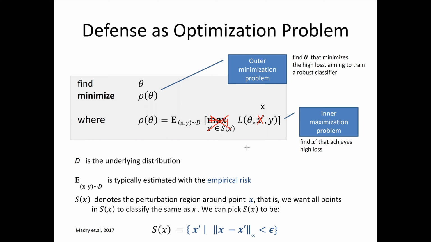Then what am I going to end up with? I essentially have the expectation of the loss function, right here. So I just end up with standard training, pretty much the standard machine learning training.